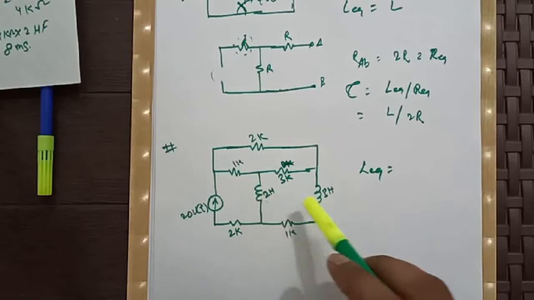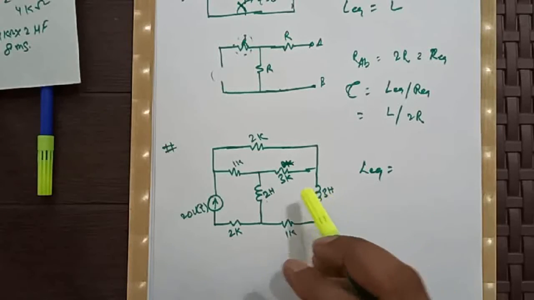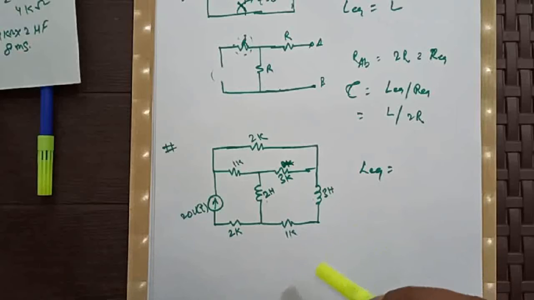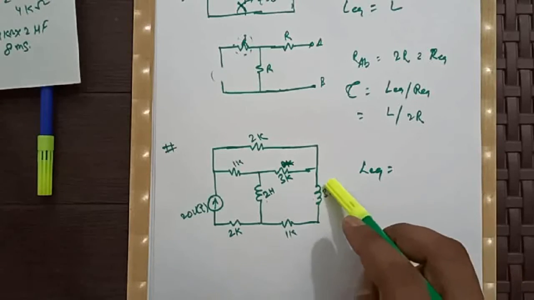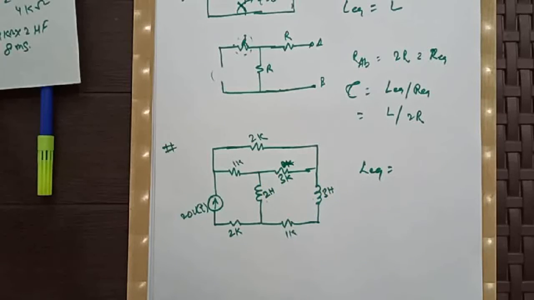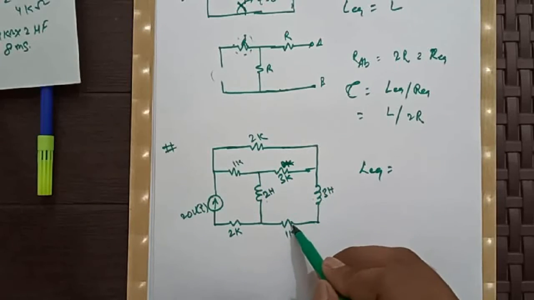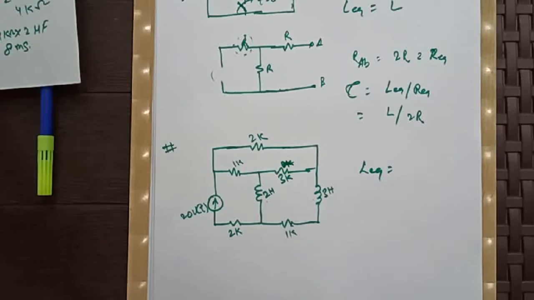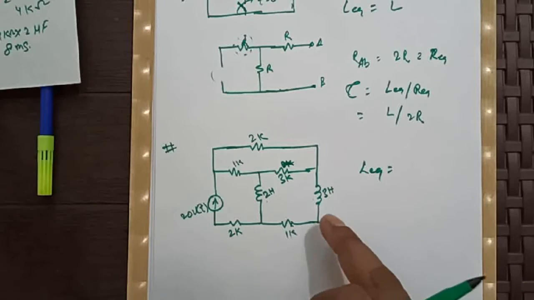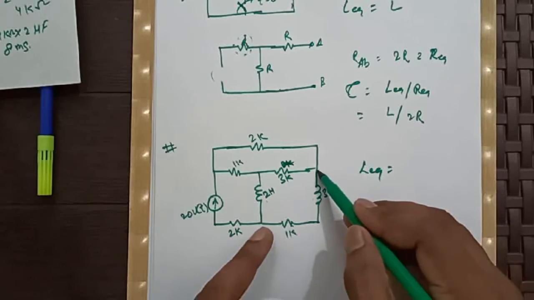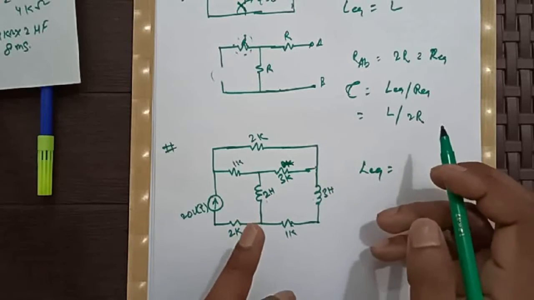Because this has two inductors and they are not distributed. They cannot be lumped. No, these two inductors can also be lumped because these two elements are in series. So if I interchange their position, there will not be any change, either current flowing through it or the voltage across these two nodes, right?